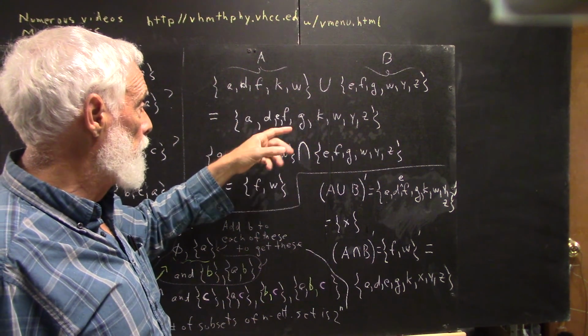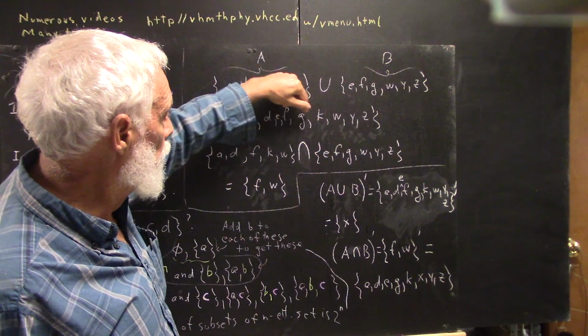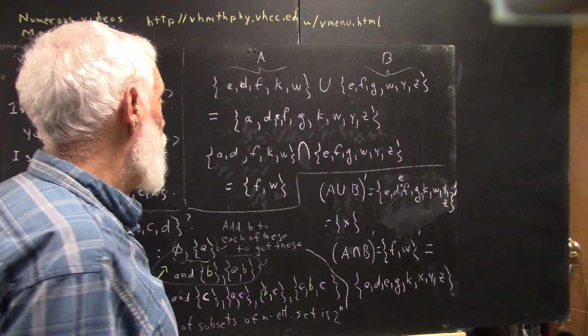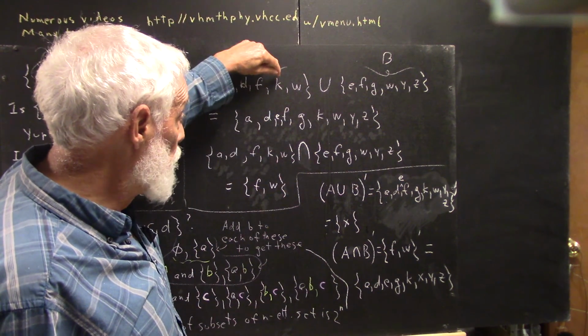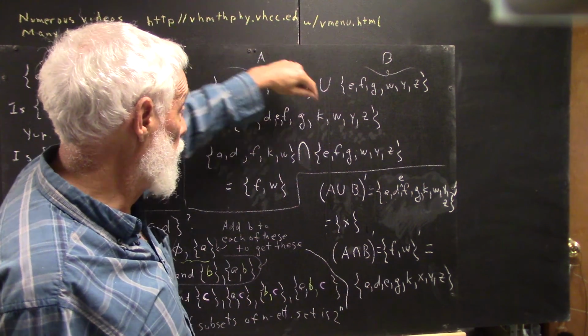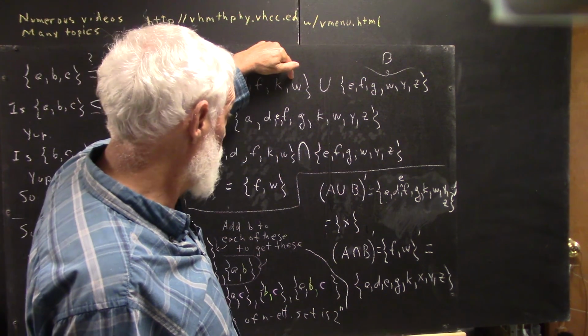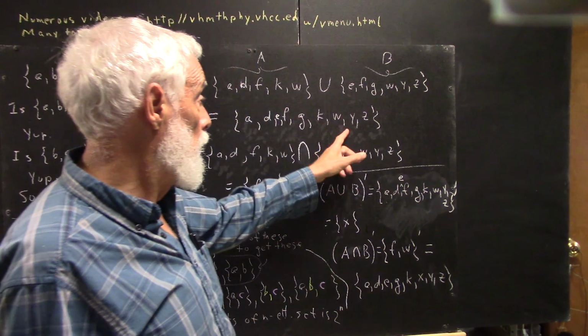But then if we go in alphabetical order, A, B, C, D, E, F, G, so we've got all of the letters from A to G that occur in one set or the other. And alphabetically, the next letter that we see is K. That's in set A, so it's here. And then we have W. Okay, it's in both sets, so it's certainly in the union. And Y and Z.